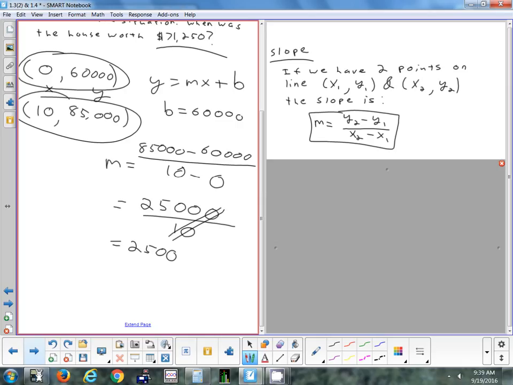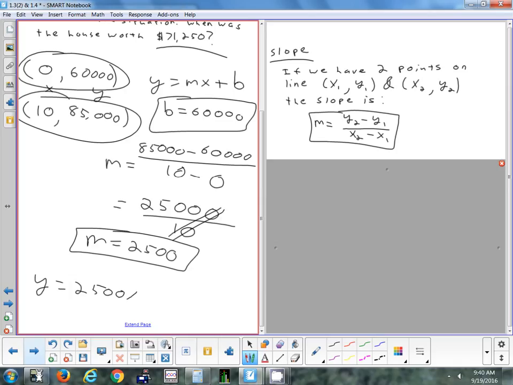So now fill in m and b into the formula y equals mx plus b. y equals 2,500x plus 60,000. What this 2,500 represents is every year that goes by, the house is gaining $2,500 in value. That's my rate of change in the value of the house.